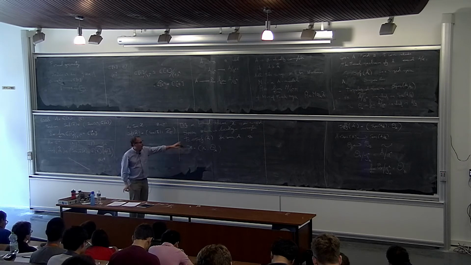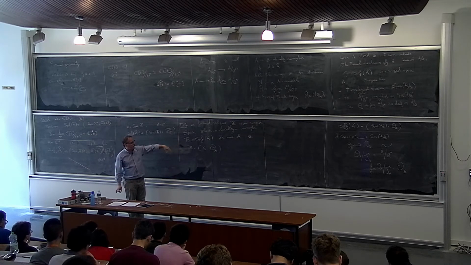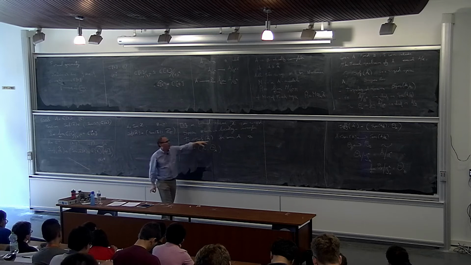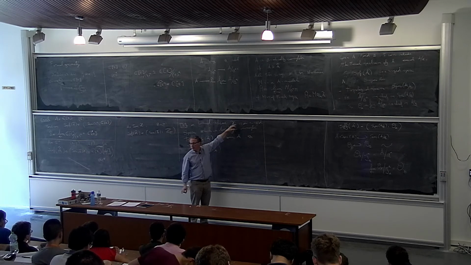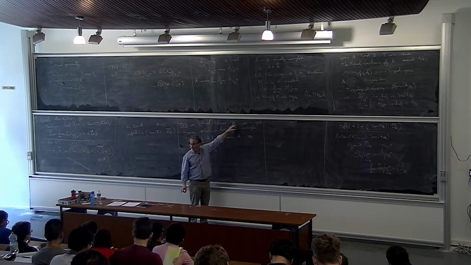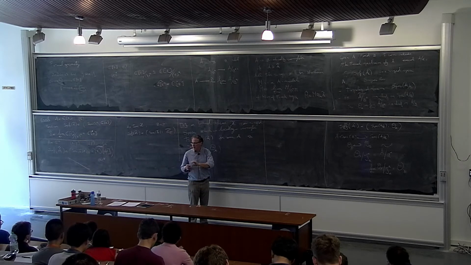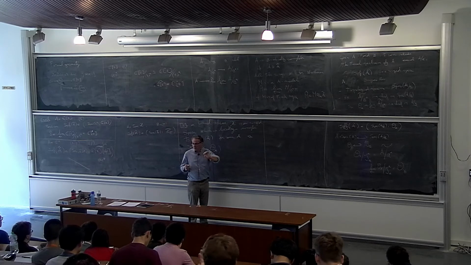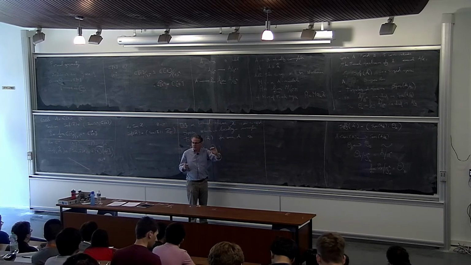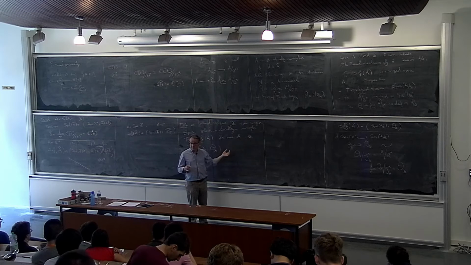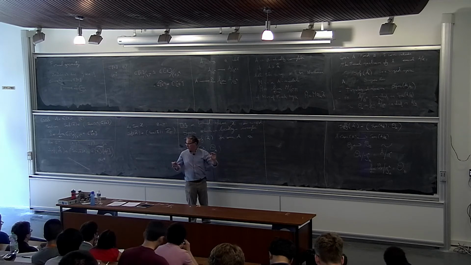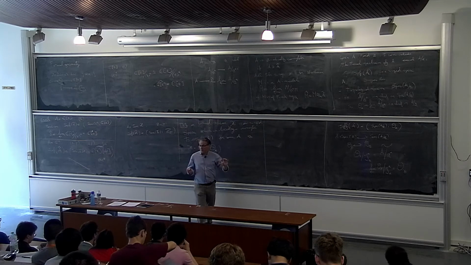And you can even define the dimension of the formal scheme. In order to do this, you will do it as the maximal length of chains of ideal subsheaves of your structural sheaf, like you do for schemes.